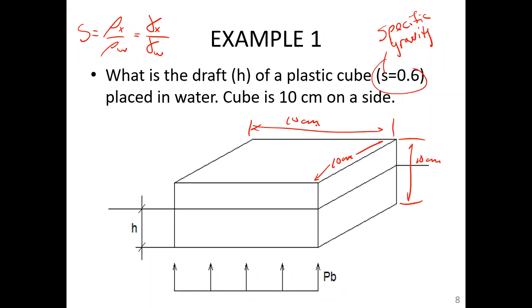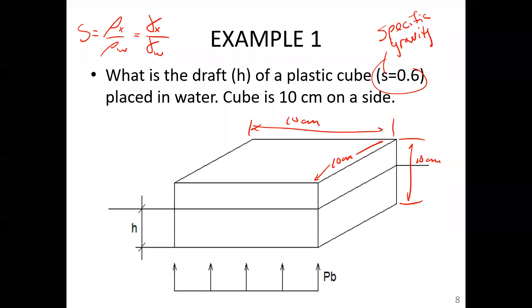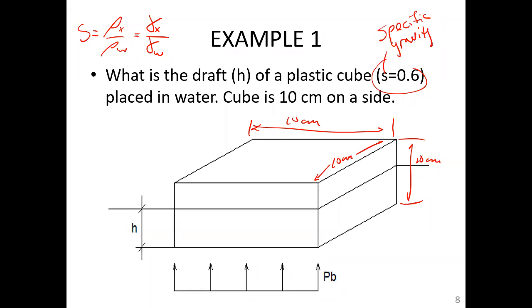And for this cube, first you see that the specific gravity is less than 1. It's lighter than water. You would expect it to float. If the specific gravity were greater than 1, it might sink. So you know that steel has a specific gravity greater than 1, yet ships float. Why?